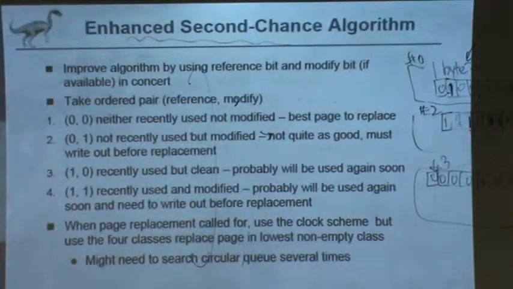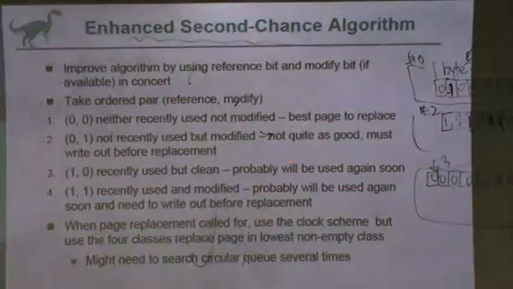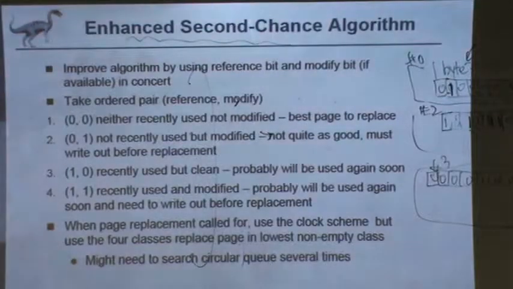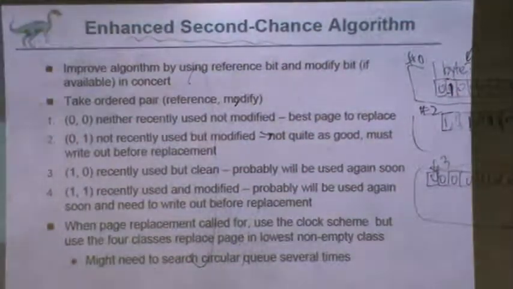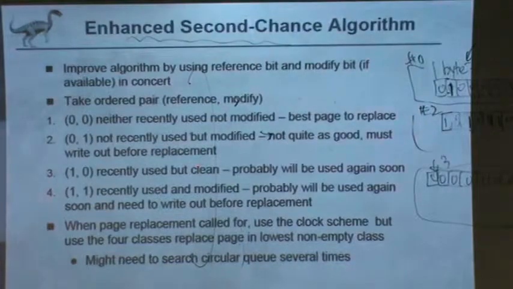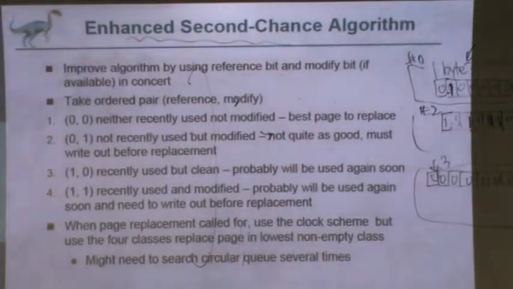If modified, it means it's accessed and used by the current process, so we had better keep it. 01 means not used, but modified, which means it's currently modified. So we had better keep it, but in case it is needed, it can be the victim page. But we had better keep it.